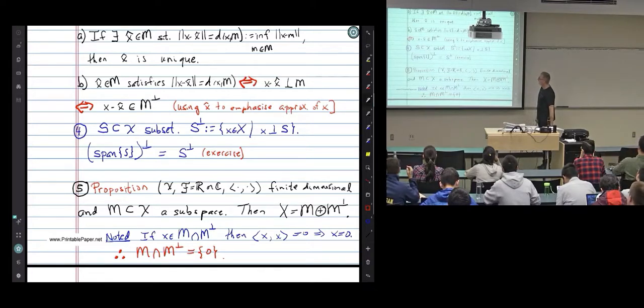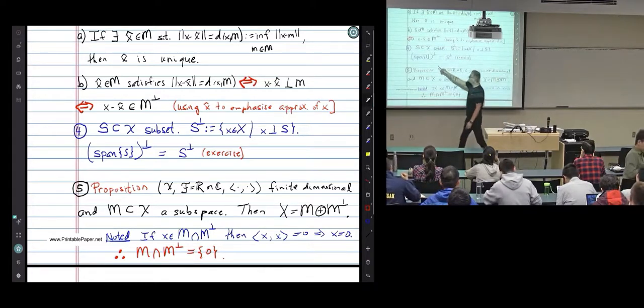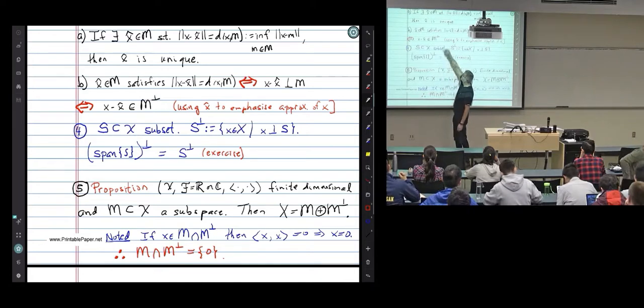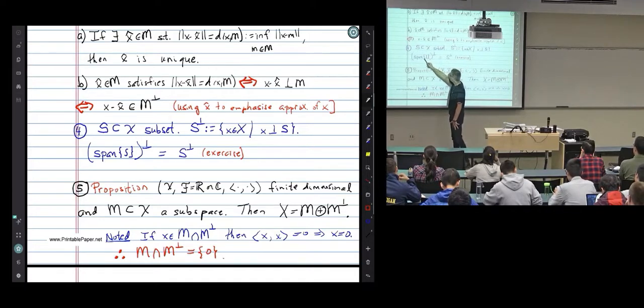And then by using the definition of span and the linearity of an inner product on the left or the right, you can show that the orthogonal complement of a set is the same as the orthogonal complement of its span.